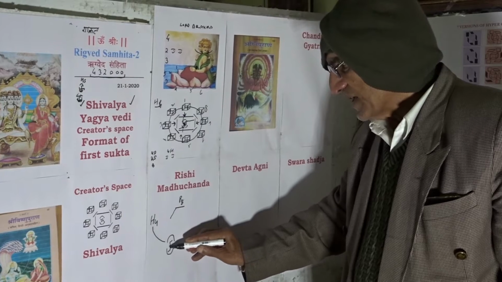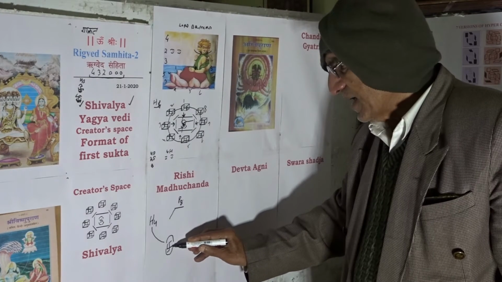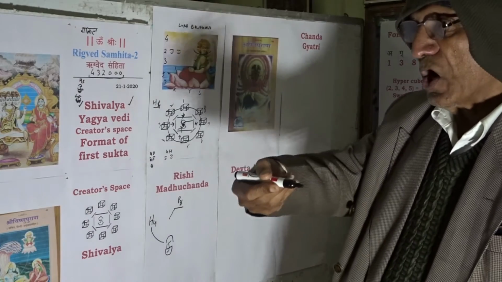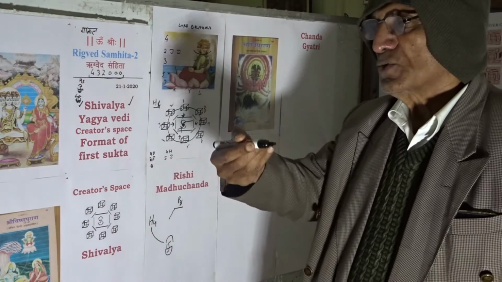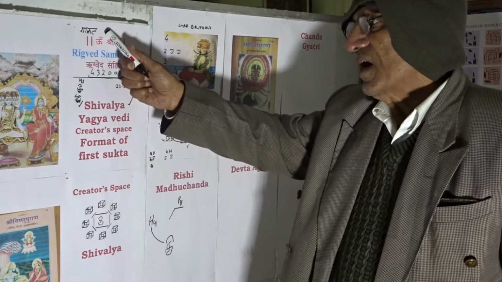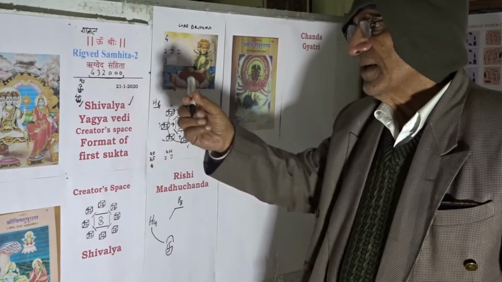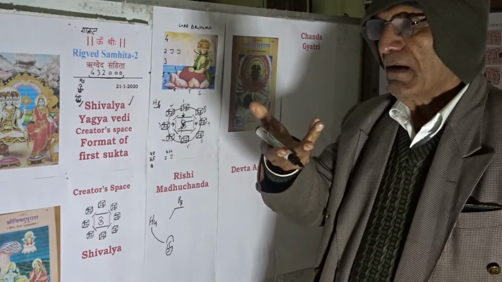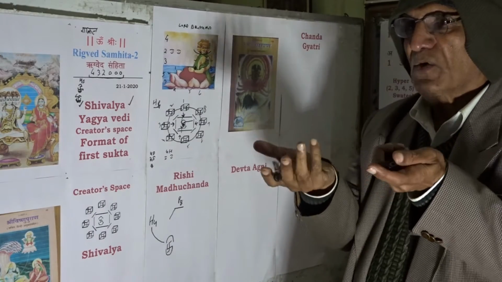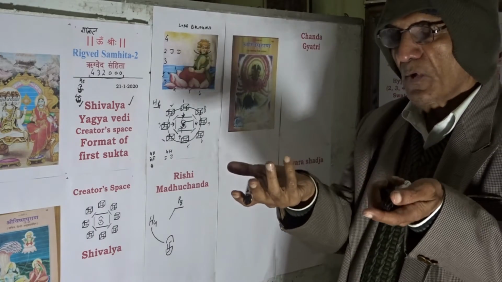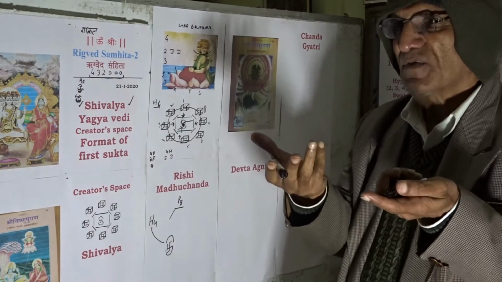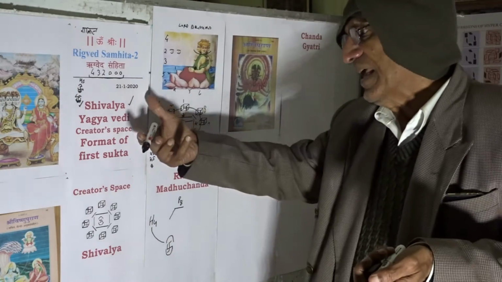Therefore, let us make a specific note that when we are anxious to be parallel to the organization format features of Shakala Rigved Samhita, then we shall put to ourselves that in fact we are going to be face to face with the organization format features of a Shivalya.